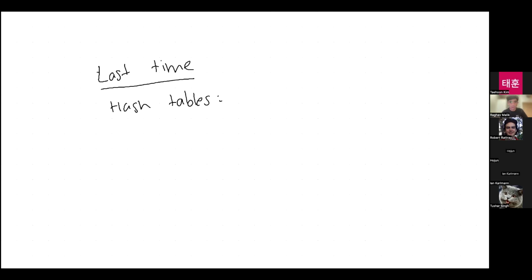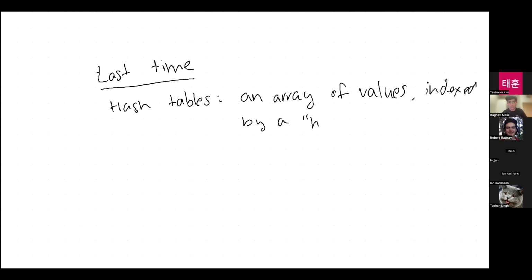Which is like an array of values indexed by a hash function, which we called h, that goes from a set of keys to the range 0 to m, where m is the size of the table.